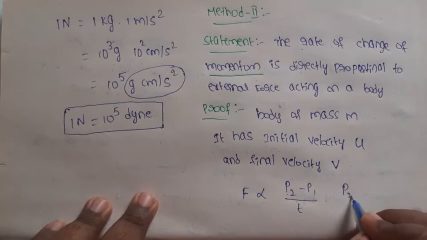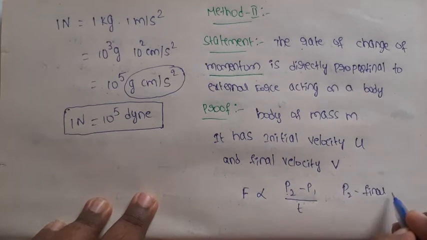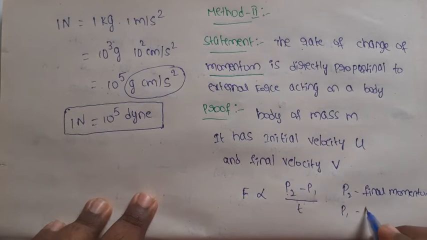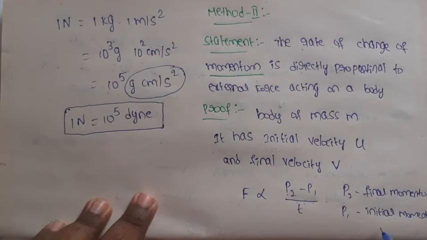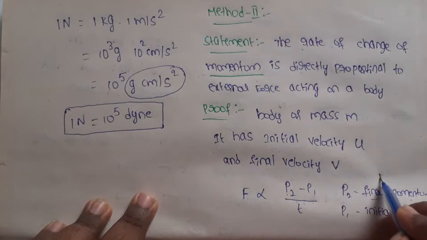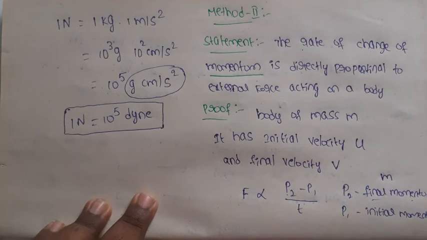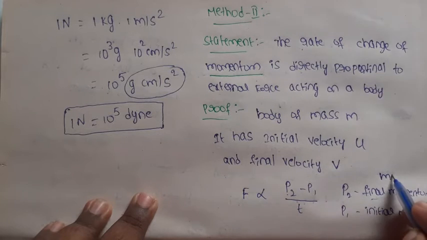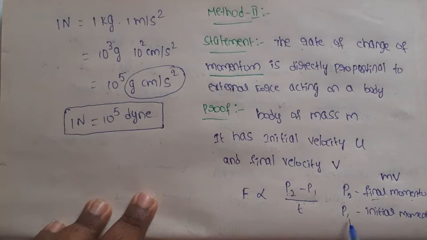Here P2 is final momentum of a body, P1 is initial momentum of a body. In case of P2 final momentum, mass of the object m, final velocity of the object v. P1 is the initial momentum, the product of mass and initial velocity of the body u.